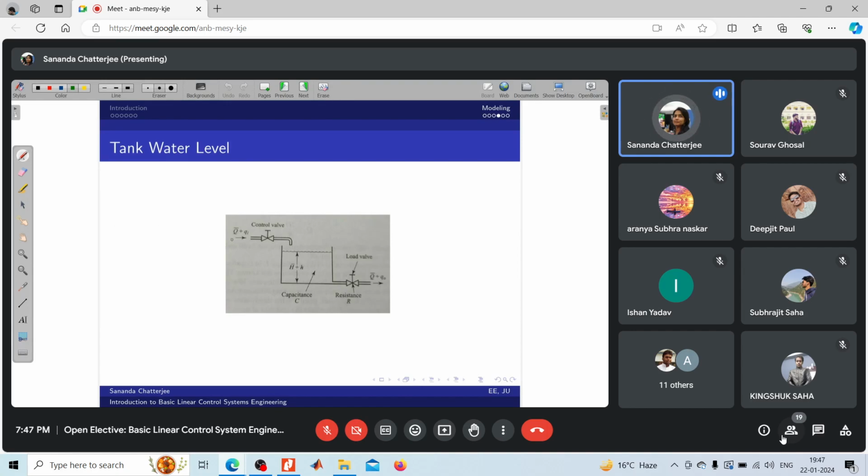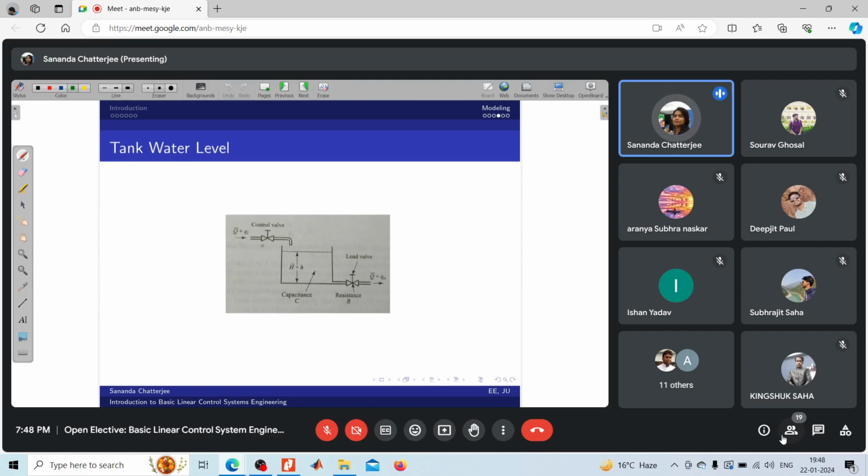So first, the input flow to this tank is denoted by Q bar plus Qi. What they mean by this Q bar is a particular steady state value of this flow. Q bar flow is coming to the tank and Q bar flow is going out of the tank.